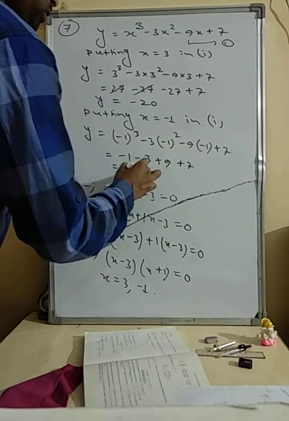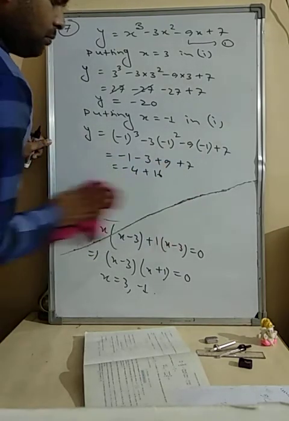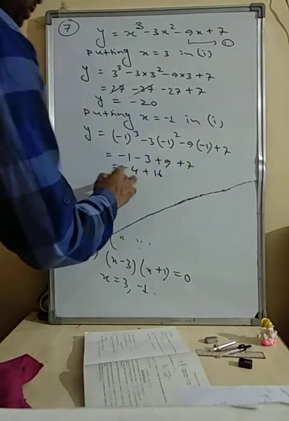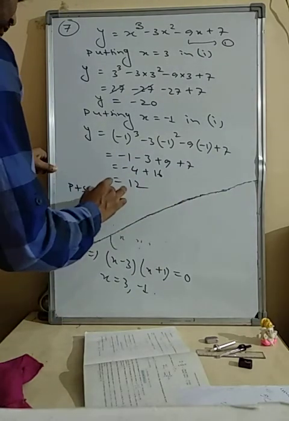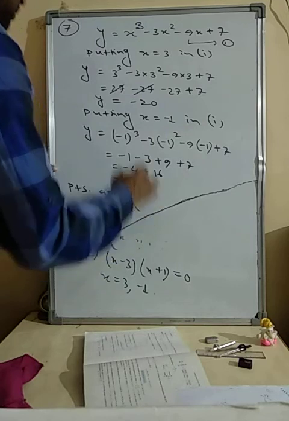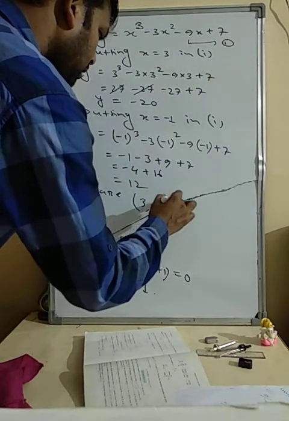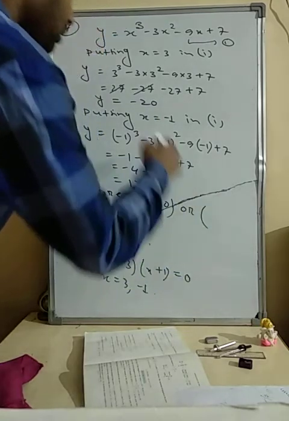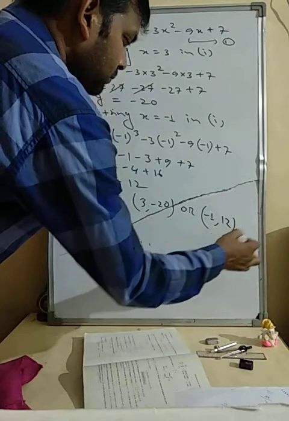So it is minus 4 plus 16, so ultimately plus 12. So therefore the points are: first one is x equal to 3 then y is minus 20, or if x equal to minus 1 then y equal to plus 12.